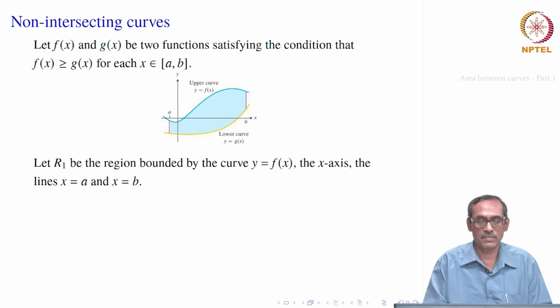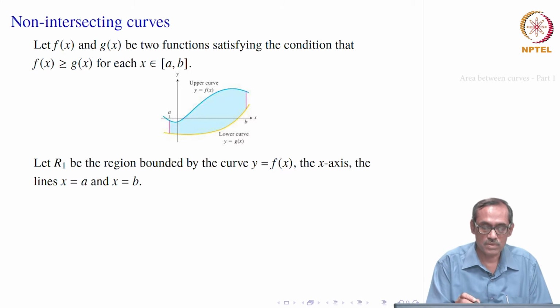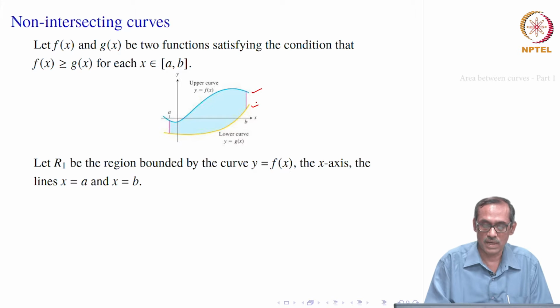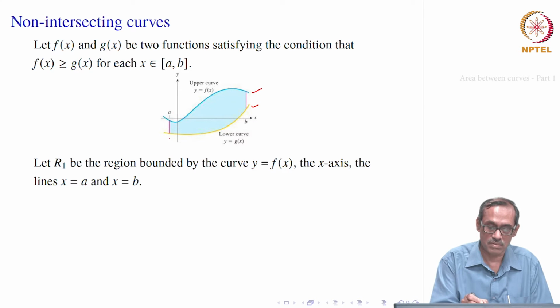Okay. So, let us take first the case of non-intersecting curves. Suppose we have two functions, say y equal to f of x, which is in blue here, and y equal to g of x, which is in yellow here, and we want to compute the area between these two curves, bounded on the left by the line x equal to a and on the right by the line x equal to b.